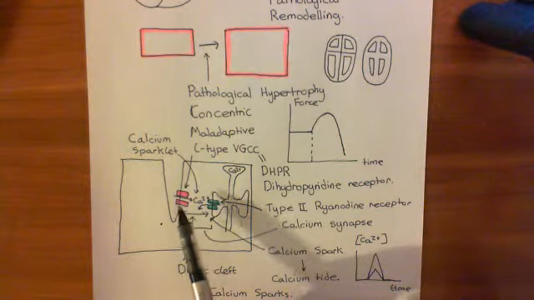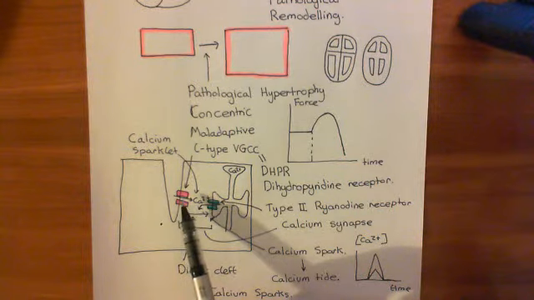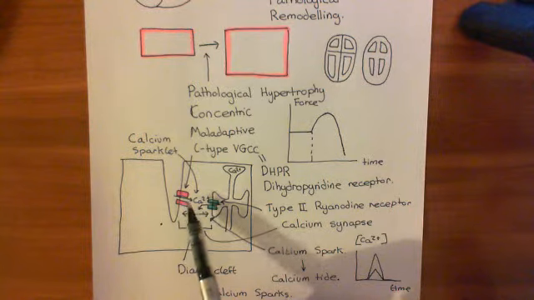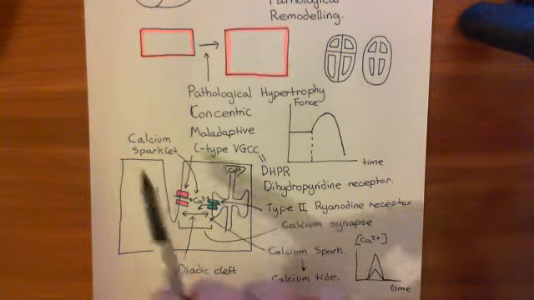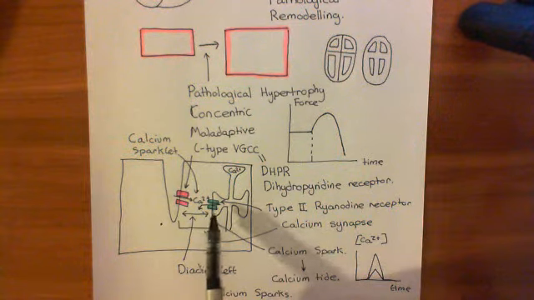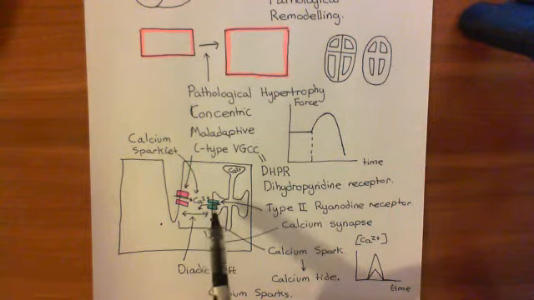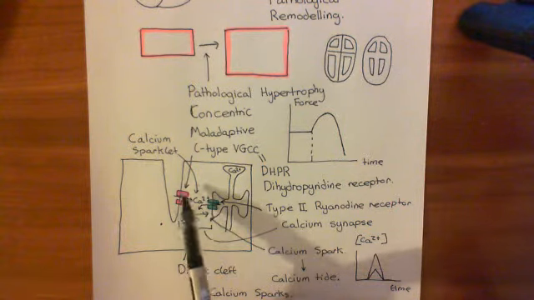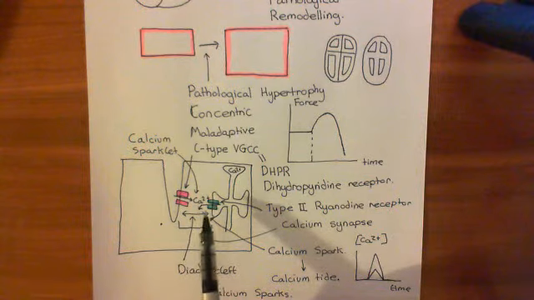So, for instance, if the L-type voltage-gated calcium channels have reduced conductance, then when they open, they'd let in less calcium, so the calcium spark would be smaller, and this would then activate fewer type 2 ryanodine receptors. So although I've only drawn it activating one, of course there'll be many type 2 ryanodine receptors on this process of the SR, and this calcium spark needs to activate as many as possible.